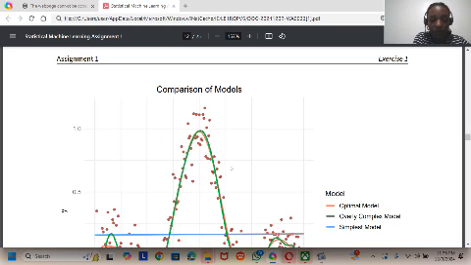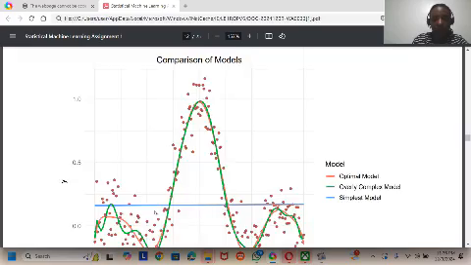Conversely, the overly complex model overfits, capturing the noise and small fluctuations, leading to low bias but high variance, which hinders generalization. The optimal model achieves a balance, fitting the overall trend without overfitting or underfitting.